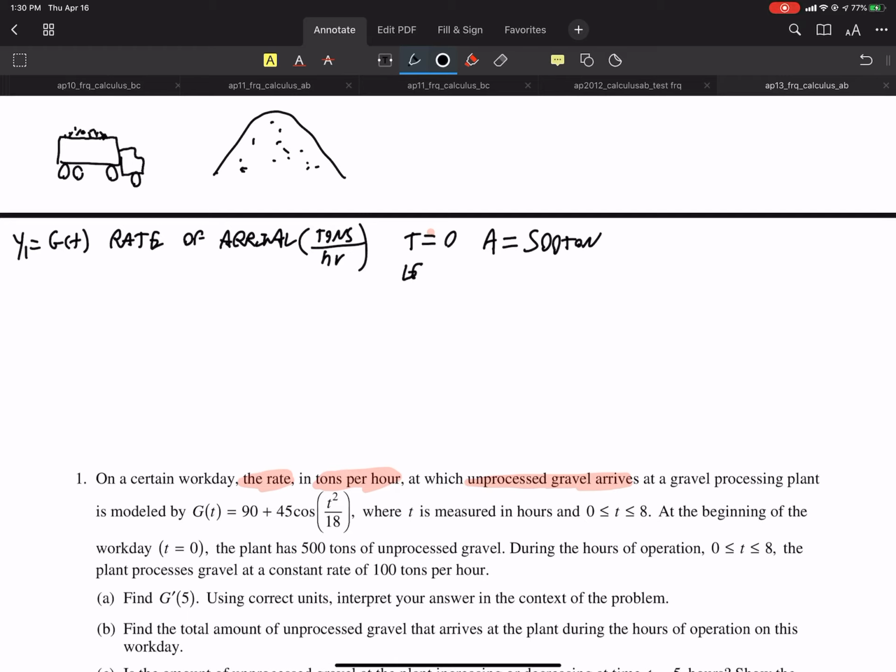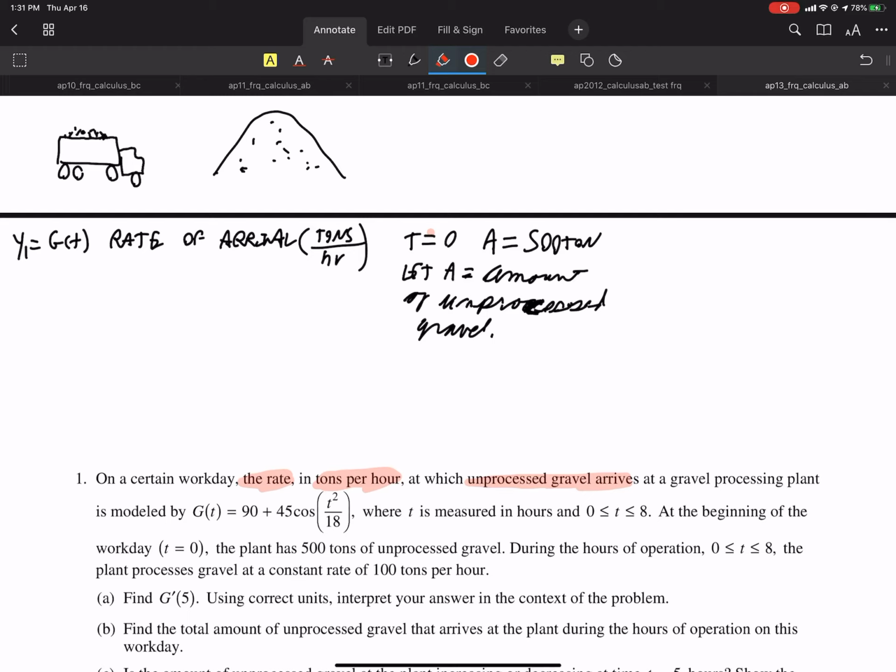And I'm going to let A equal the amount of unprocessed gravel. I have an extra C there, but I can get rid of it. There we go. So now we have a new function. We defined A as the amount of unprocessed gravel. We could do A of T also, but I think that's fine. Let's keep going.